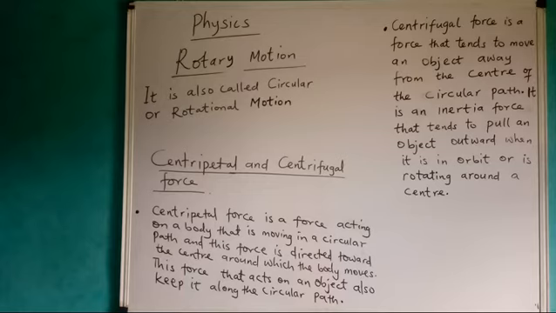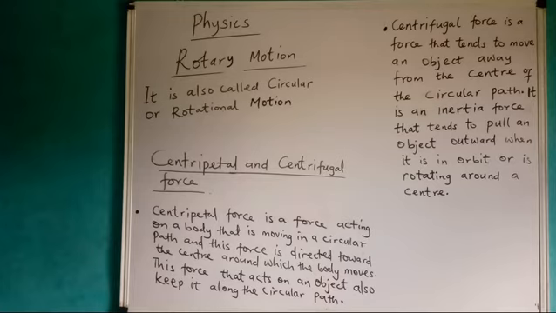Now, what is centripetal force? Centripetal force is a force acting on a body that is moving in a circular path, and this force is directed towards the center around which the body moves. This force also keeps the object along the circular path.